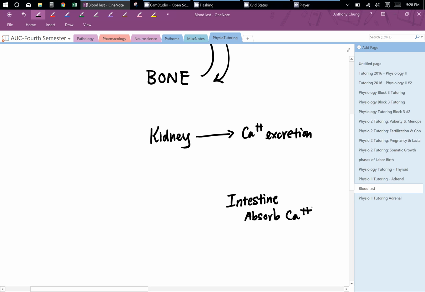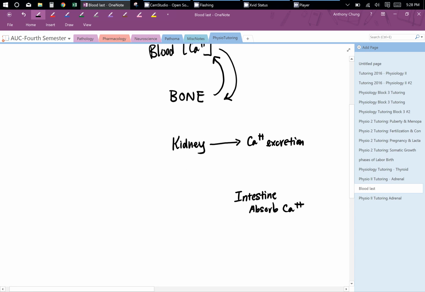Okay, so let's talk about what regulates all of these. So okay, I'll do blue. When you have low calcium, let's start with the low calcium scenario. Low calcium is going to stimulate the production of PTH, parathyroid hormone, from the chief cells.